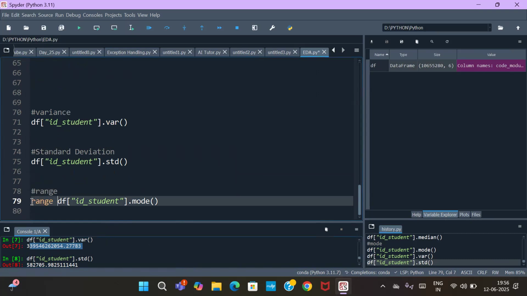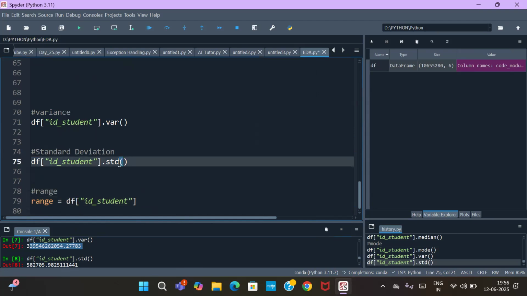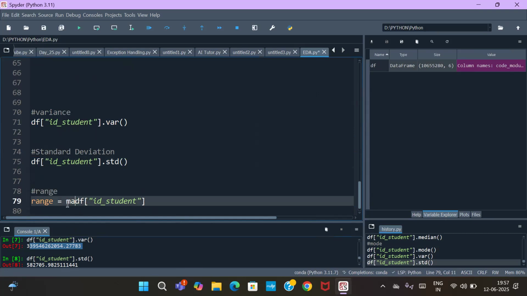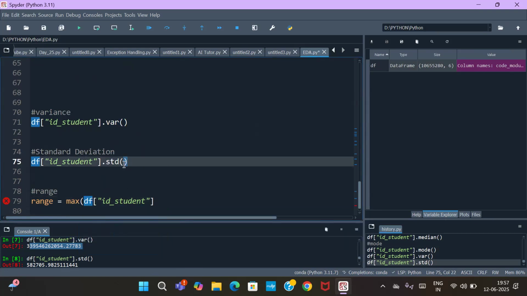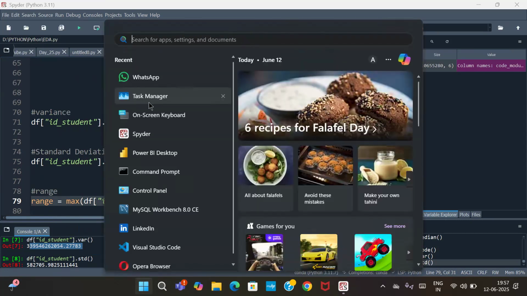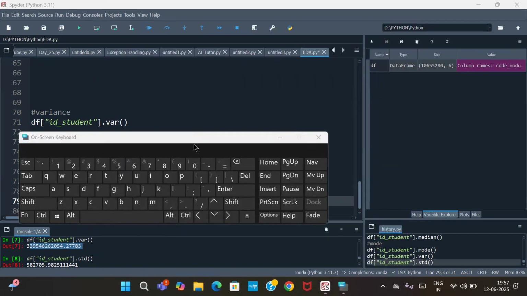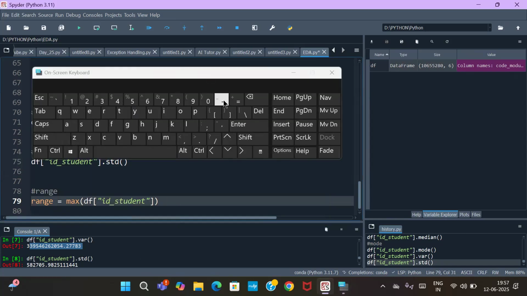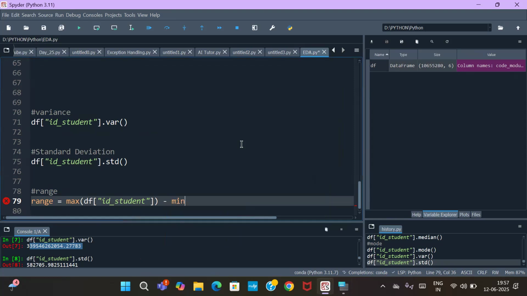And if I want to calculate the range, what I have to do, I just write here range, and I will write max minus min.